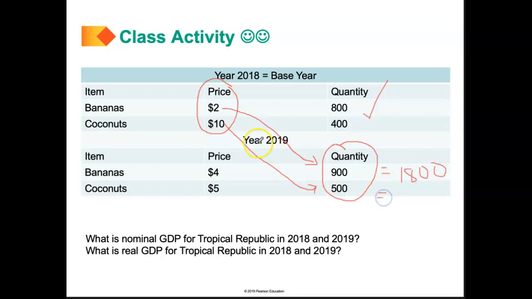Then we have 500, which is quantity of coconuts in 2019, times 10, and that is basically 5,000. So in that sense, real GDP is 6,800. We have real GDP being 6,800 in this example.